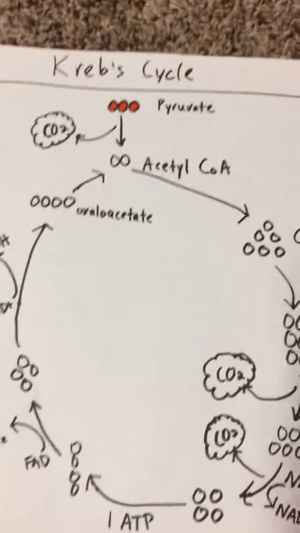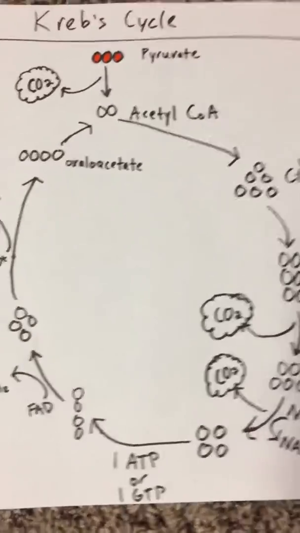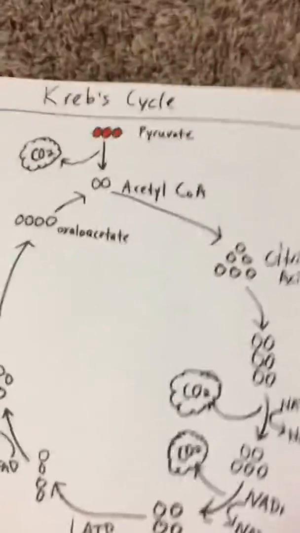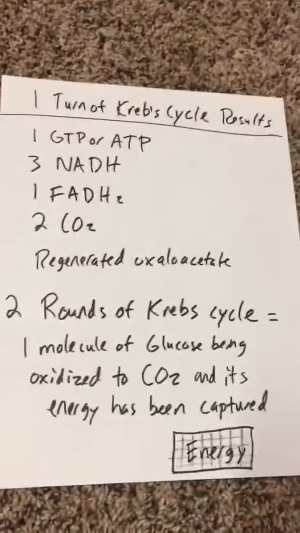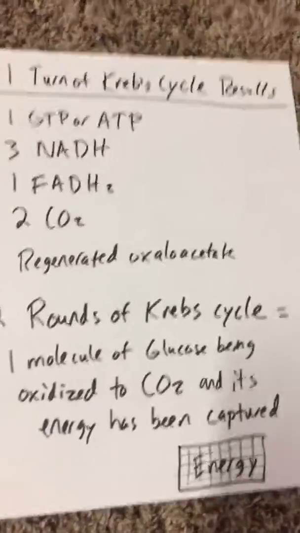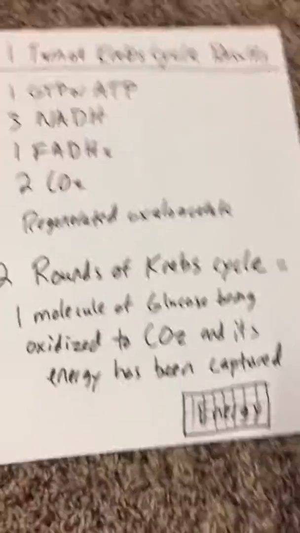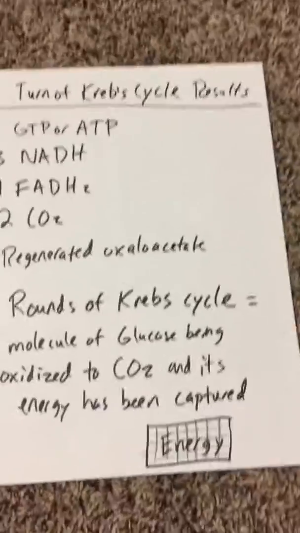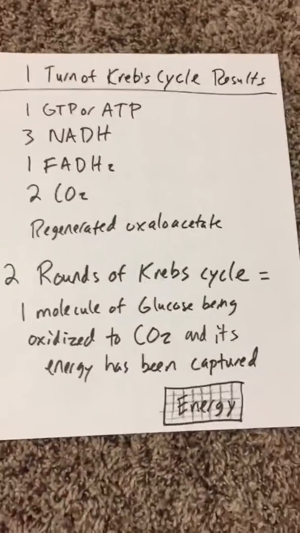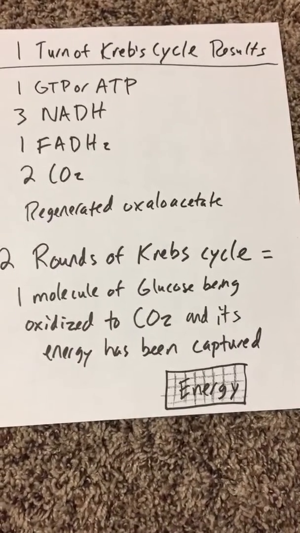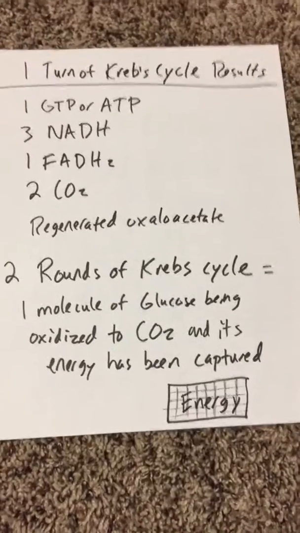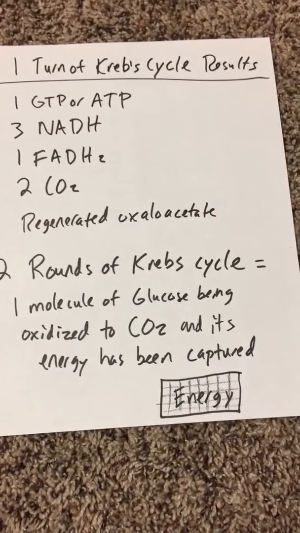Now for one turn of the citric acid cycle, we have the production of one GTP or ATP, so we're going to say that those are equivalent. We can convert GTP to ATP easily in the body. We have 3 NADH.